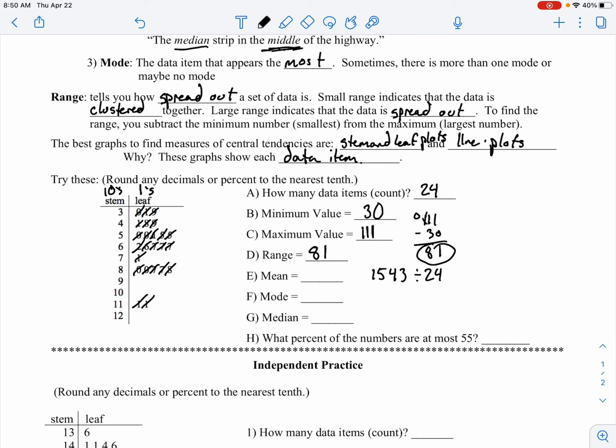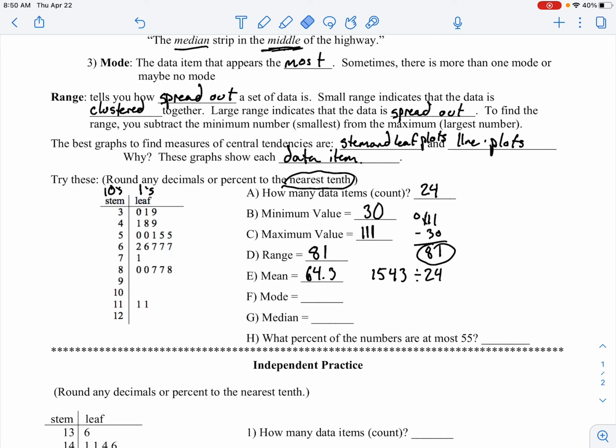All right, so our calculator tells us 64.29, tells us to round to the nearest tenth. So we're going to call that 64.3. So all I did was add up each of these data points and then divide by how many there are, and that gives us the mean.